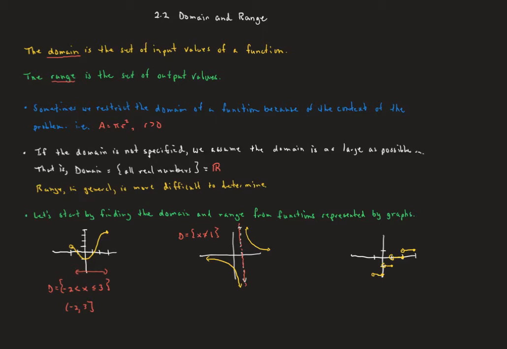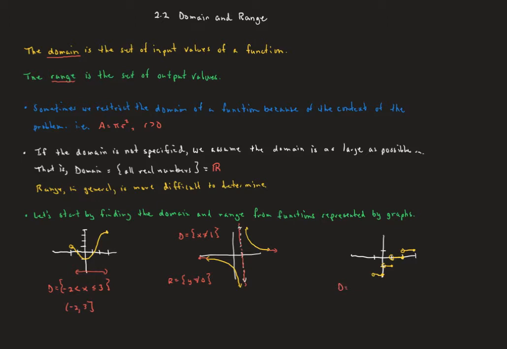Now the range, the y values, if you look at that, you can see that these yellow curves approach the x-axis but never quite reach it. So there is no point on the curve that has a y value of 0, but all of the other y values are taken by some point.